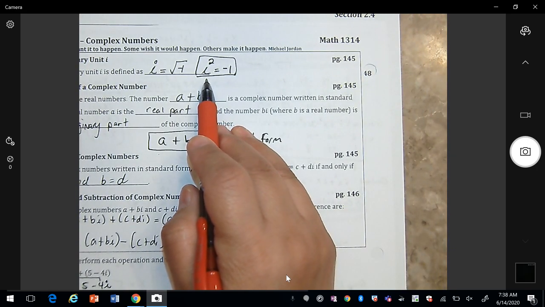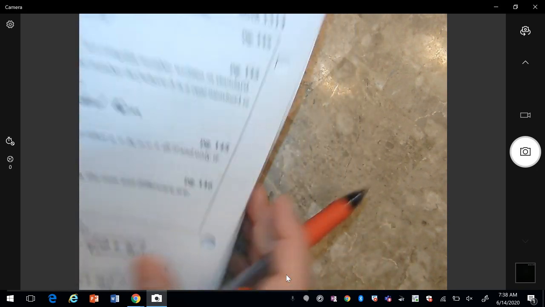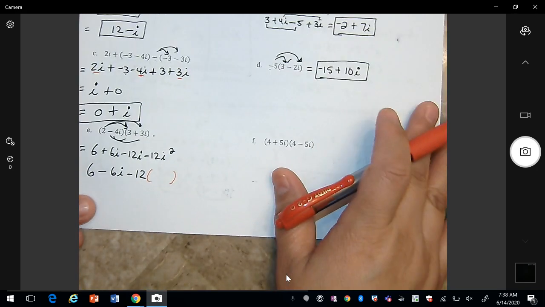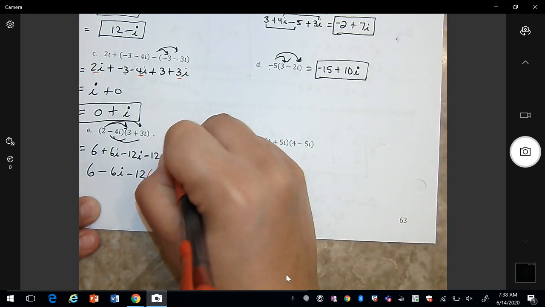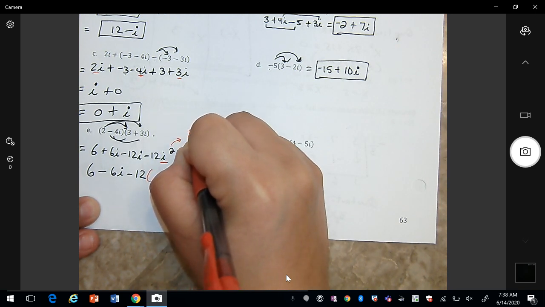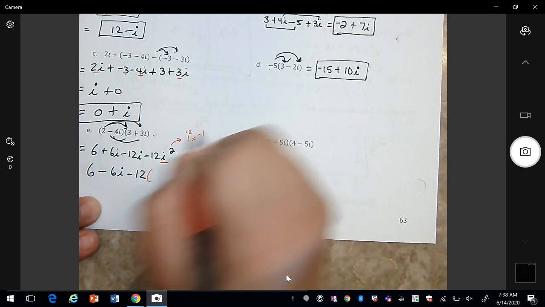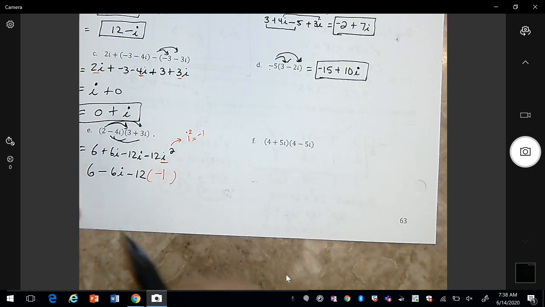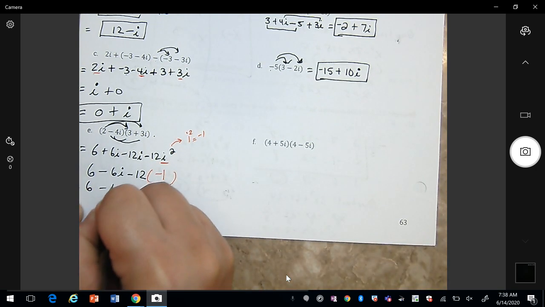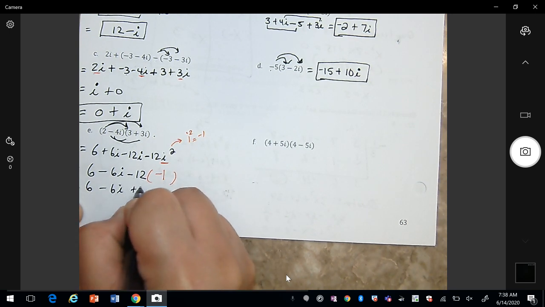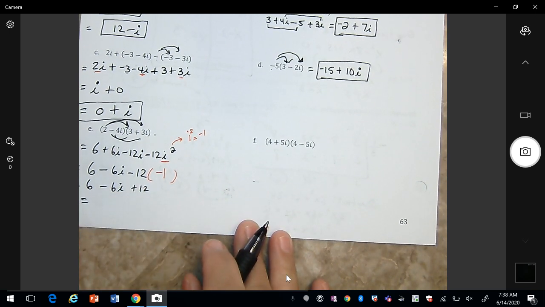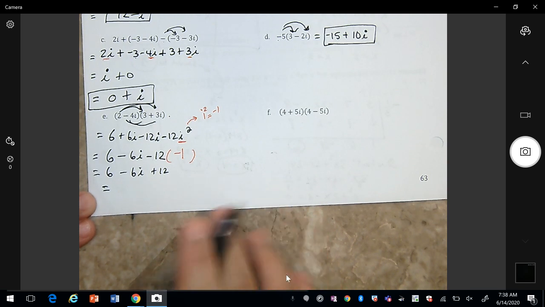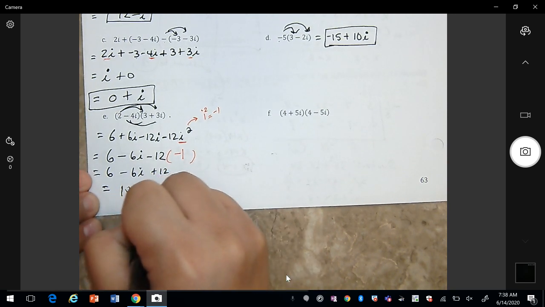And then from the definition up here, we can see that i squared is equal to -1. So anywhere that we see an i squared, that's going to be equal to -1. So I'm going to write -1 here. Negative is positive. 6 plus 12 is 18 minus 6i.